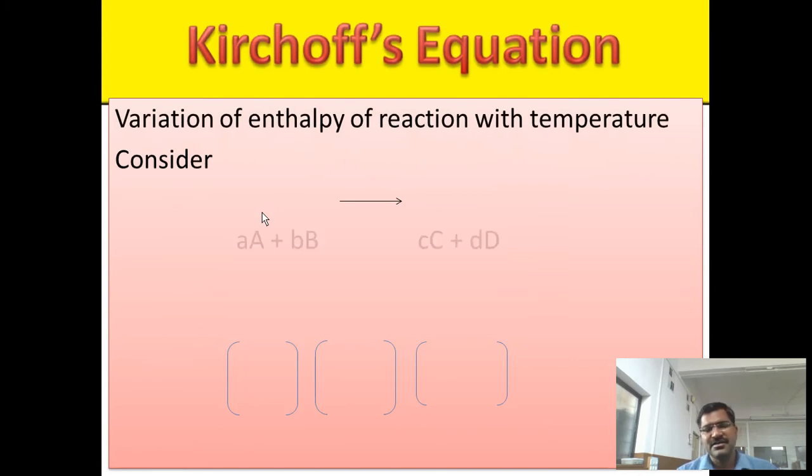Consider one general reaction: A plus B gives C plus D. Capital A, B, C and D are the reactants and products respectively. The terms small a, small b, small c and small d are the coefficients of reactants A, B and products C, D respectively.